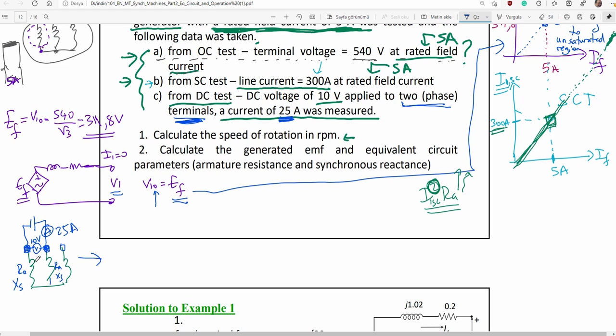Okay, it is easy. Here is Ra, here is Xs, here is Ra, here is Xs. But since you applied DC, there is no frequency in this case, Houston. So Xs will be 0.